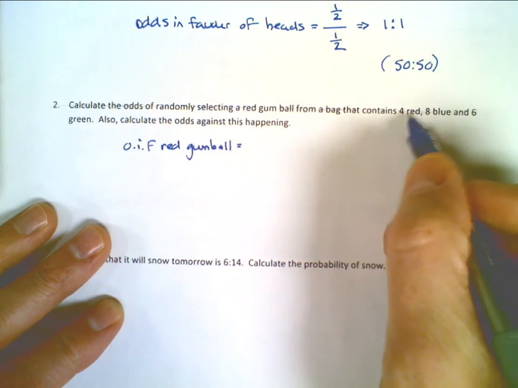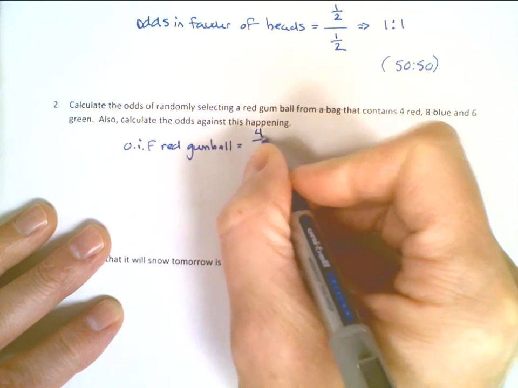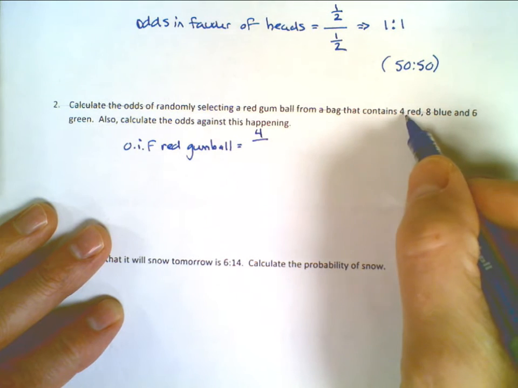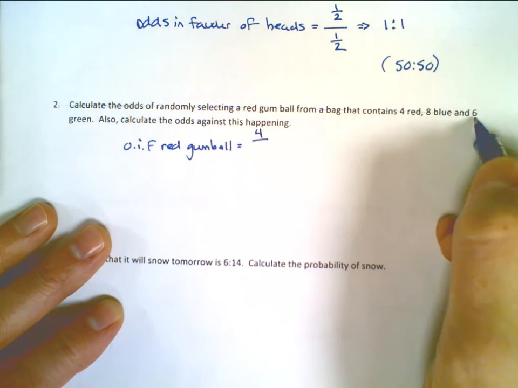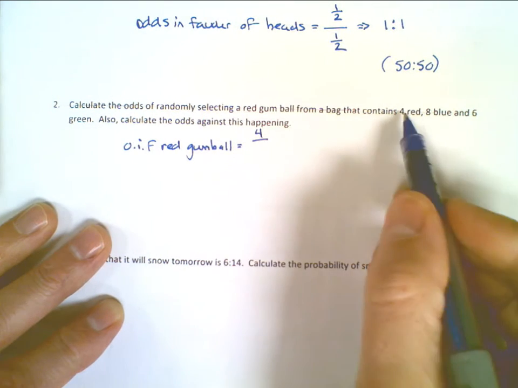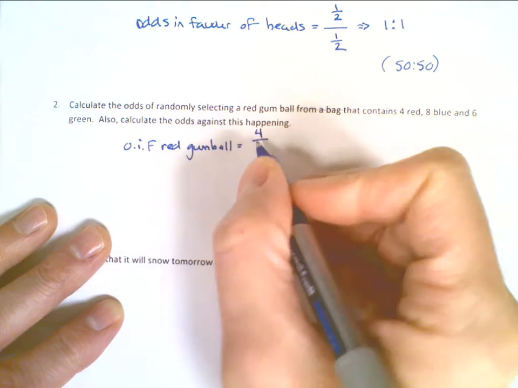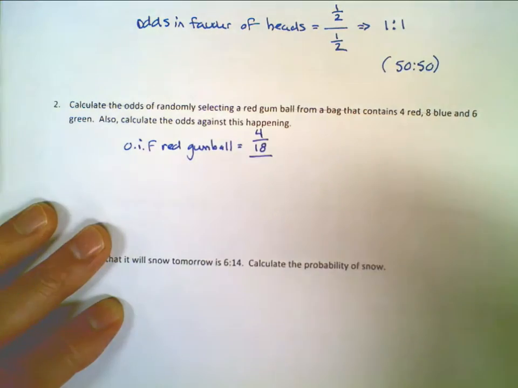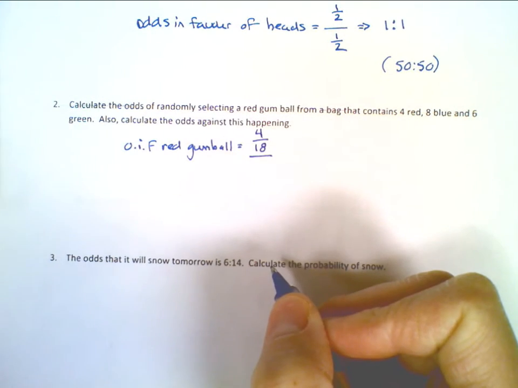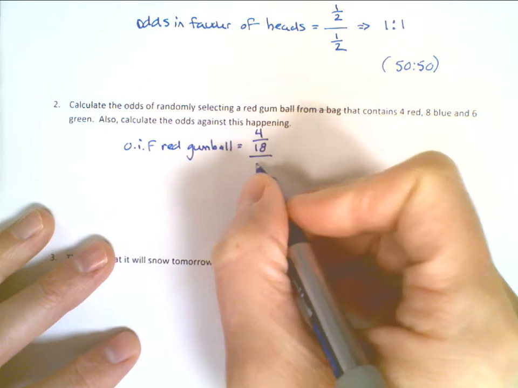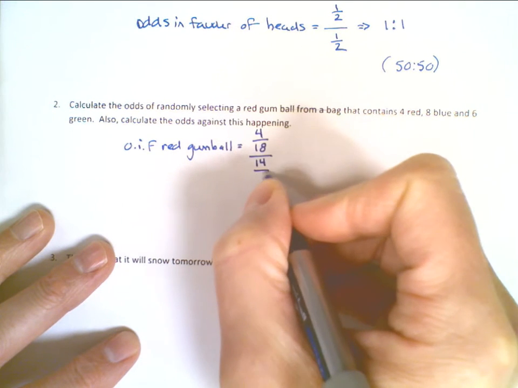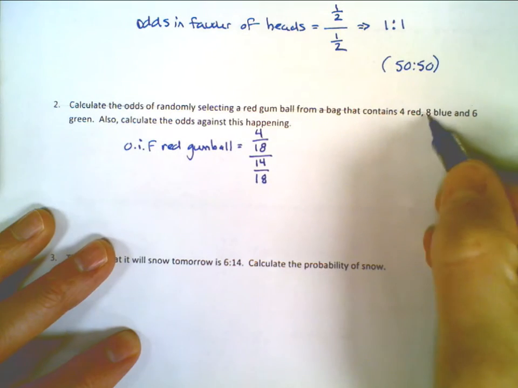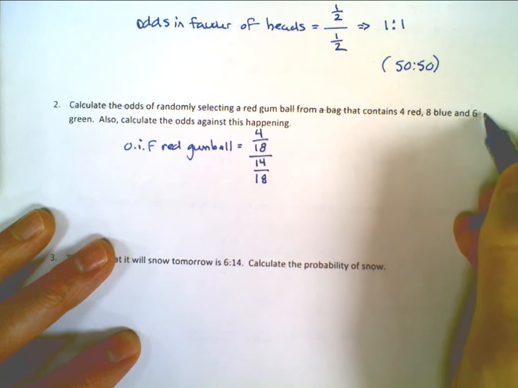There are 4 red gumballs in total, and the total number of gumballs in there is 8 plus 4 plus 6, so that is going to be 10, 12, 18. And the probability of not getting the red gumball is the complement of that, so it's going to be 14 over 18. So that's found either just by counting up 8, 9, 10, 11, 12, 13, 14.